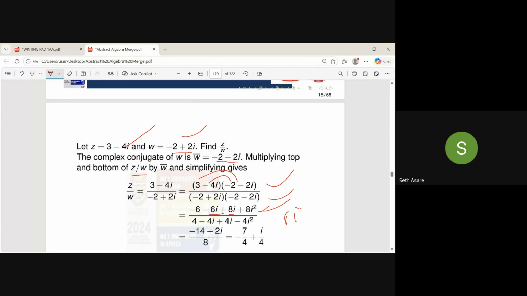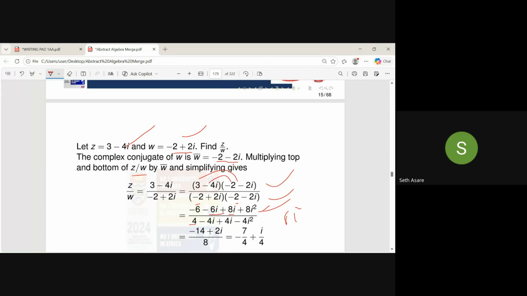When you do the denominator, you also have the first one squared. Minus 2 squared will give me 4. Then I use minus 2 to multiply minus 2i. That will give me plus 4i because minus times minus.